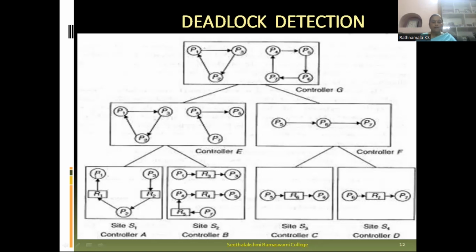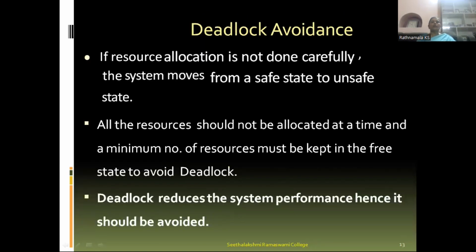The next one is, how to avoid these deadlocks? Because prevention is better than cure, isn't it? I have already told you that if the resource allocation is not done carefully, the system moves from a safe state to an unsafe state, because some resource allocations should not be done immediately.